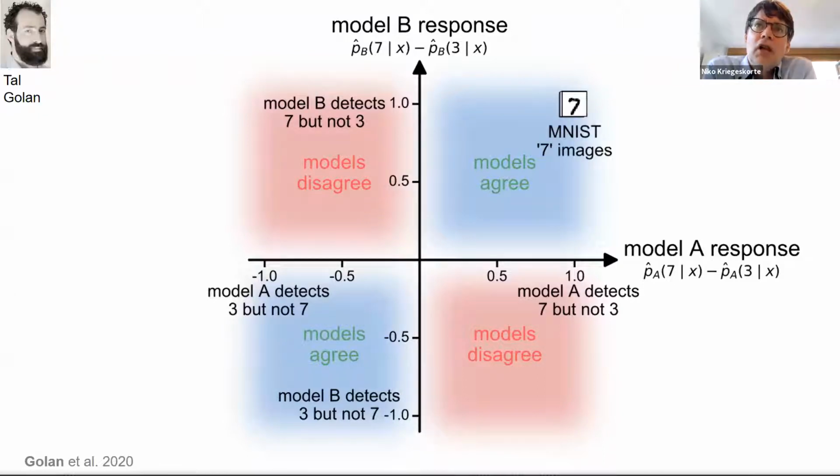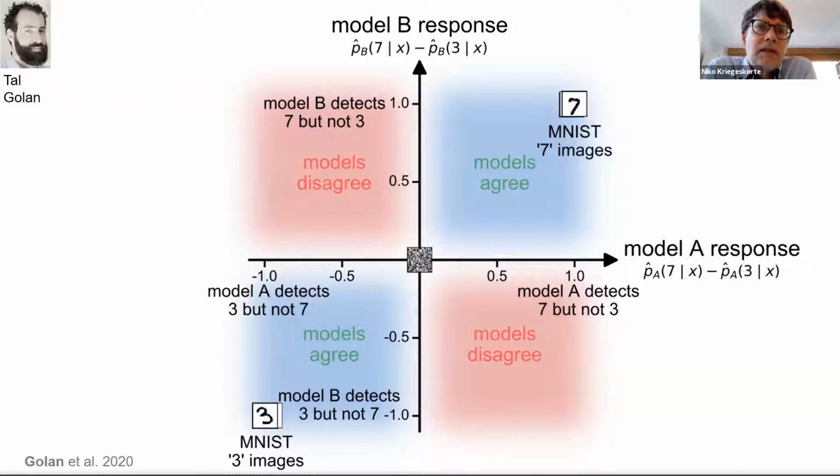When we look at the original MNIST images, they all fall in these corners, so deep into the model agreement quadrants. And this illustrates how it's going to be very difficult to distinguish the models based on their behavior, because they've all been overtrained with this set of natural little handwritten digits, and their behavior is essentially going to be mostly correct for all of the models and also identical to human categorizations of these images.